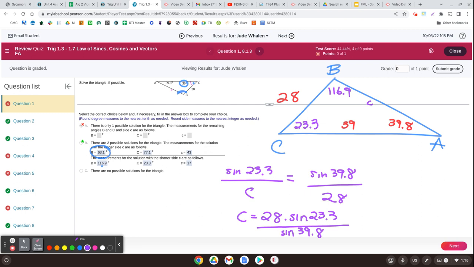That's right. 17.30. And that's where you'll see this. They rounded it. Side measures to the nearest integer.